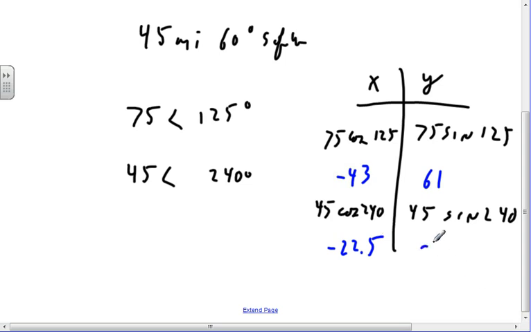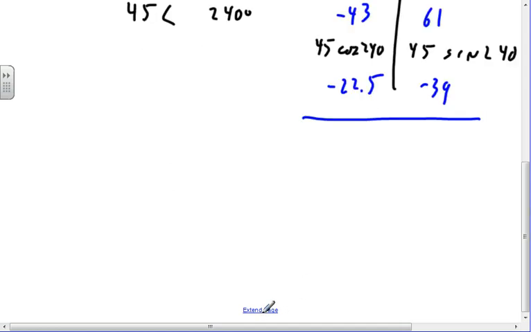Now I'm going to add them together. So my resultant is going to be minus 65.5 for the x component, and the y component is going to be 22.